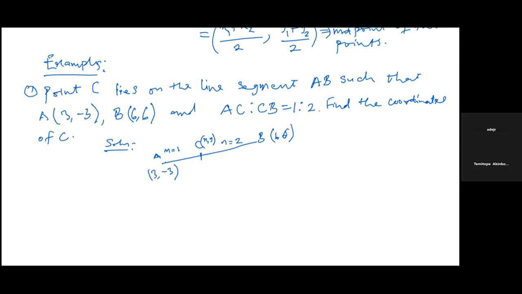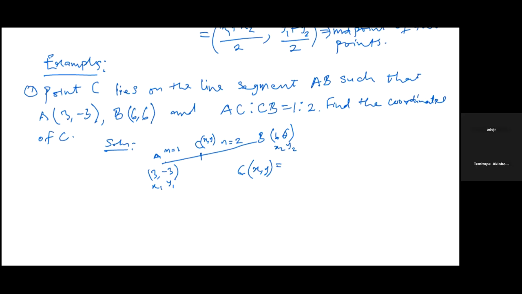So recall the formula. Point C, which is (X, Y). Let me tag this one (X1, Y1), (X2, Y2). To generate the formula, don't forget the other time I told you it's easy to recall.